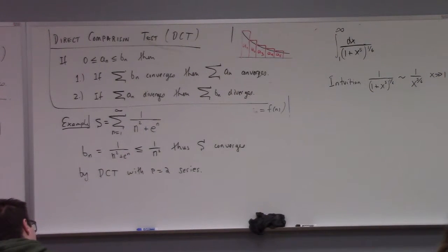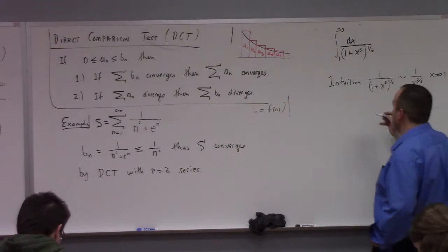For x much greater than 1, that 1 is essentially irrelevant. We're just left with 1 over x to the 5/6 power, right? So as just an intuitive calculation, what's our intuition? Does this integral converge or diverge?